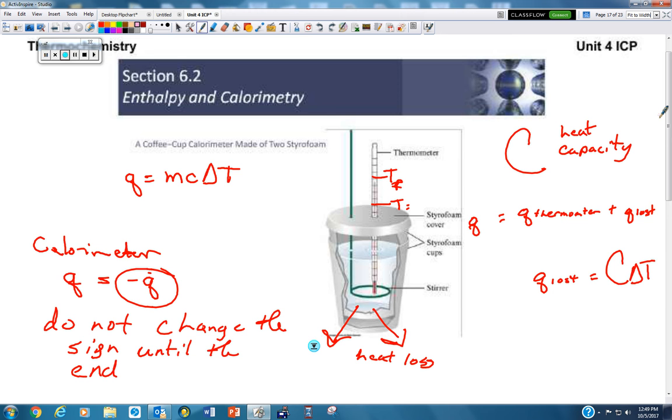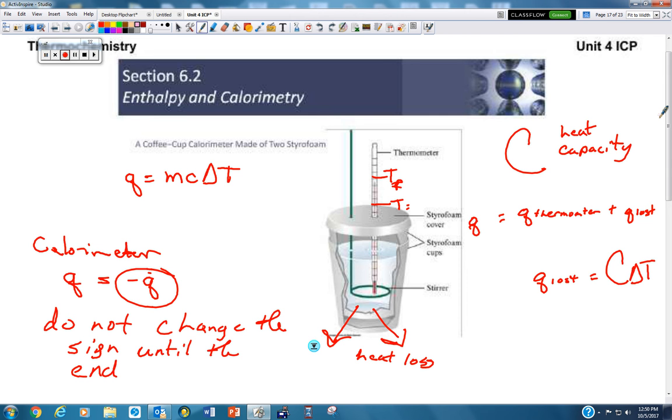We have to account for our system losing heat, losing energy somewhere. So every setup, every calorimeter has a certain heat loss. The manufacturer is going to give you that number, so we don't have to calculate the C. We're going to use it to determine how much heat is lost in that system, and before we can get our final answer, we have to be able to do that.